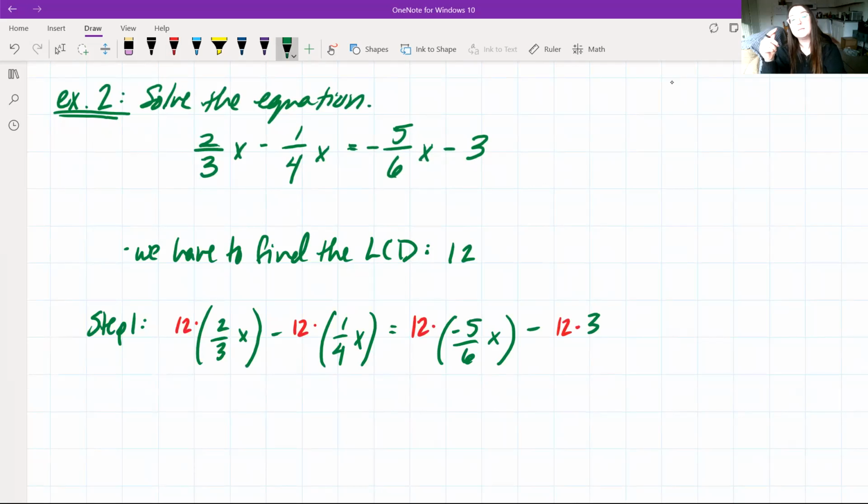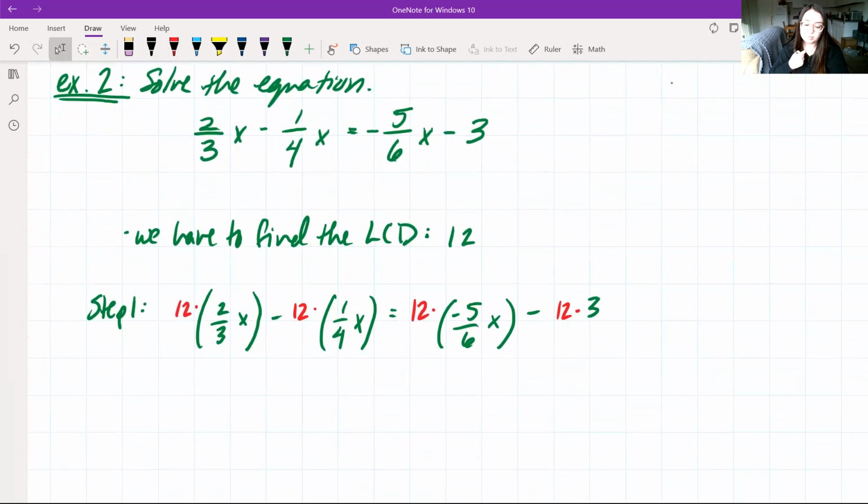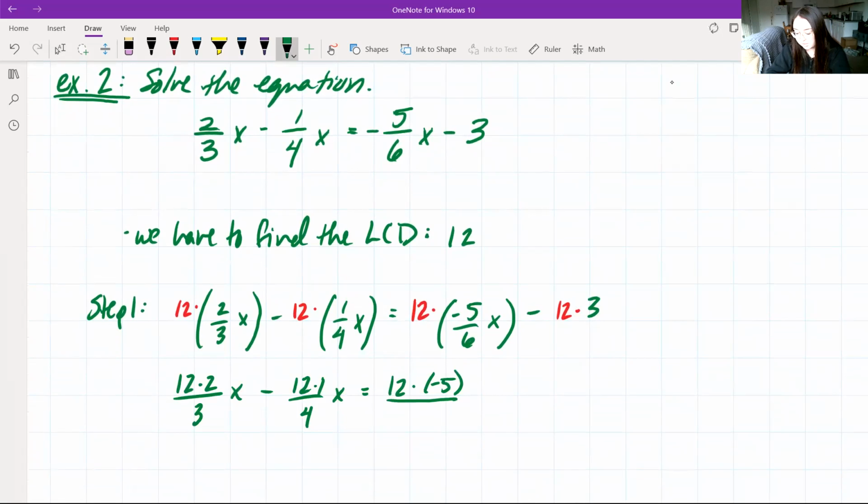So we took our least common denominator and we're multiplying each term. So when we multiply these values together, this now gives us 12 times 2 over 3 times x minus 12 times 1 over 4 x equal to 12 times -5 over 6 x and 12 times 3. 12 times 3 is going to give us 36.